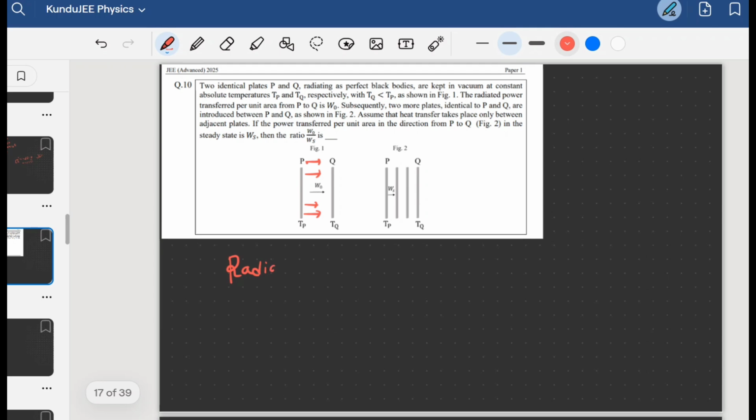See, it is a problem of radiation shield. Now let us say two plates are there. There is nothing in between. Temperature is Tp here, temperature is Tq.